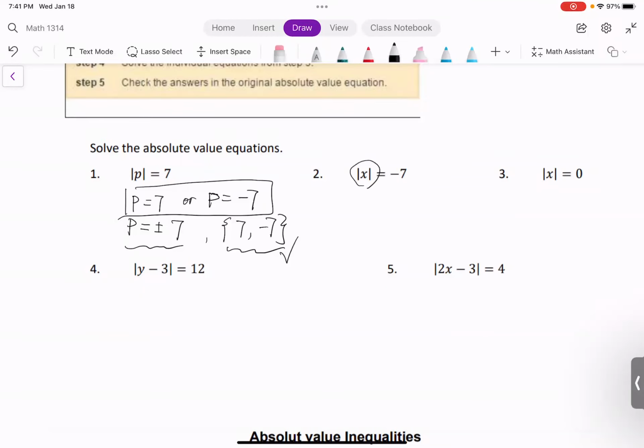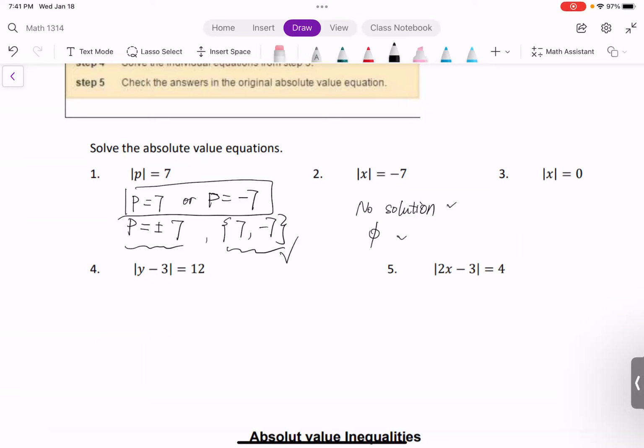So distance equals negative. That's impossible. So there's no solution for this one. If you use set notation, you can put a phi, which means empty set.